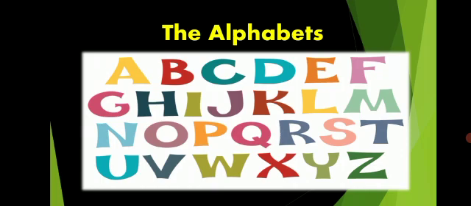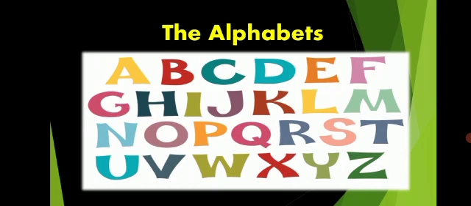A, B, C, D, E, F, G, H, I, J, K, L, M, N, O, P, Q, R, S, T, U, V, W, X, Y and the last one is Z. So kids, that's all about alphabets.